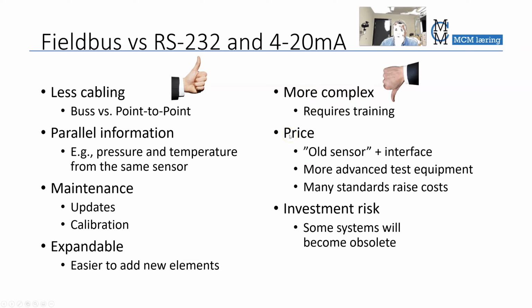It's more expensive because you have the old sensor, but now you also need the ability to communicate by networking. And there's an investment risk because there are so many different field buses around, and the chances are that one or more of them will be obsolete within a few years.